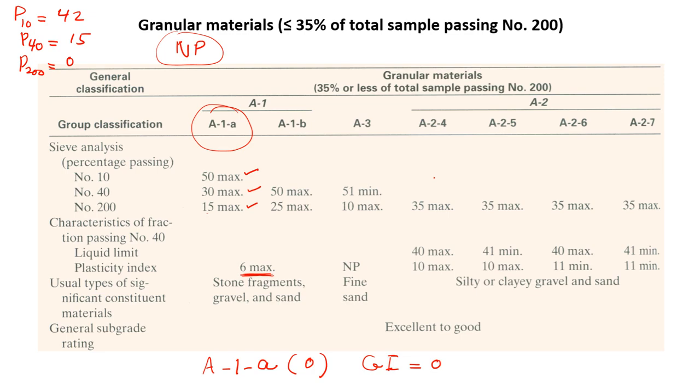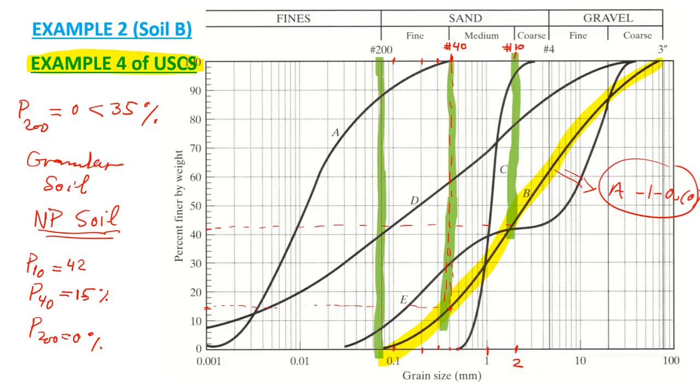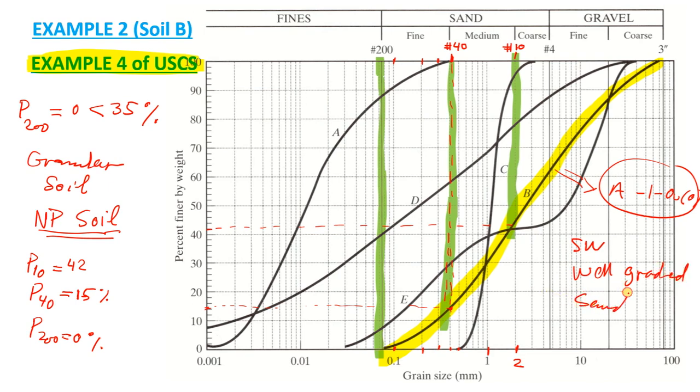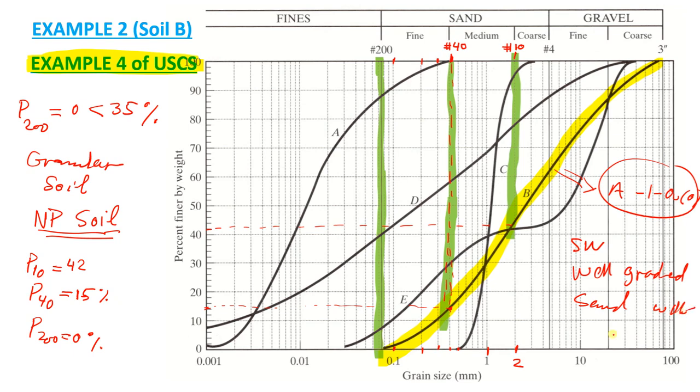Okay, and when we did this classification in the unified classification system, it was SW. It was well graded sand with some gravel. Well graded sand with gravel. Check your notes of the previous lecture.